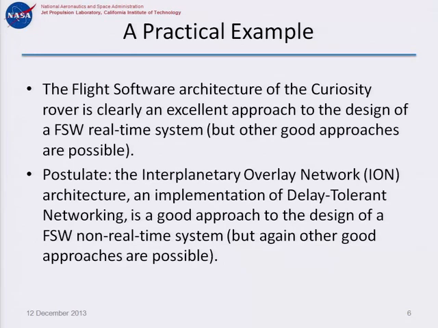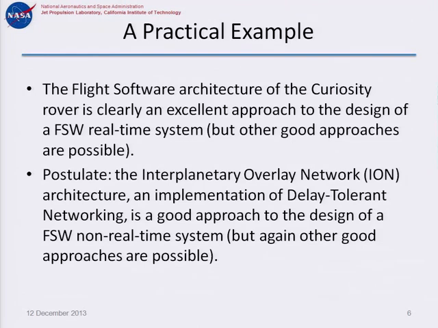for example. So as a practical example, as a case study, the case that I'm most familiar with: the flight software on the Curiosity rover is a terrific example of the real-time system that drives the robot. Other good approaches are possible, but that's a good example of what a good real-time robotic system would look like.